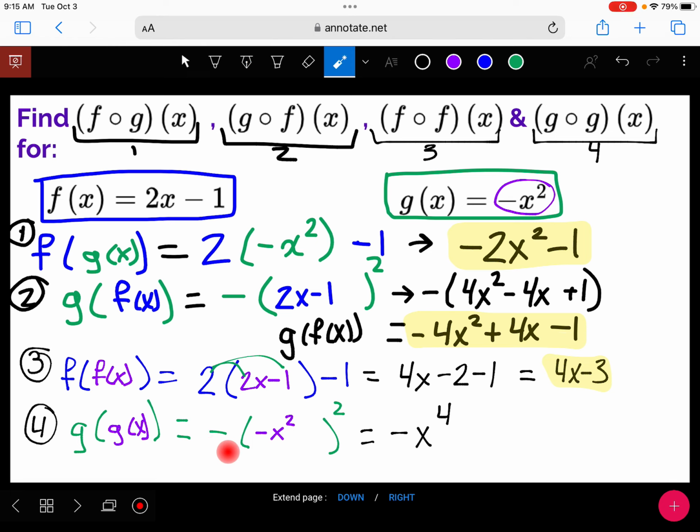Because this minus sign is still on the outside, we have to do our exponent first. That's the parentheses part, and we still have this minus sign out front. So we still wind up with minus x to the fourth when we drop those parentheses. And that's our simplified answer.